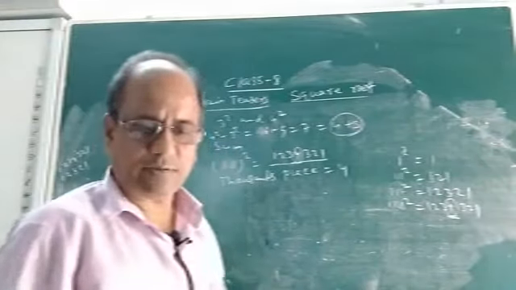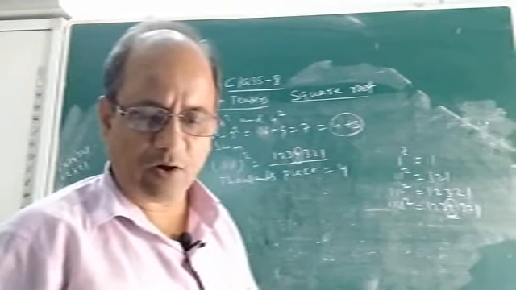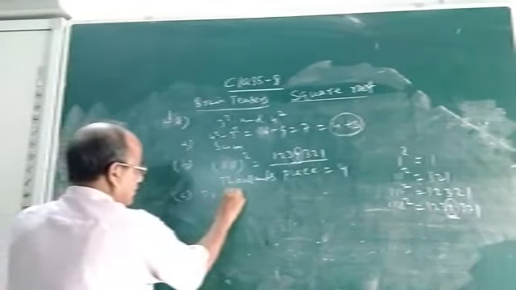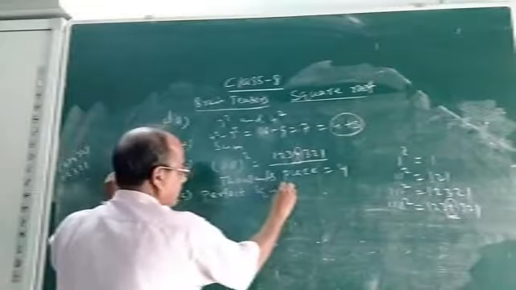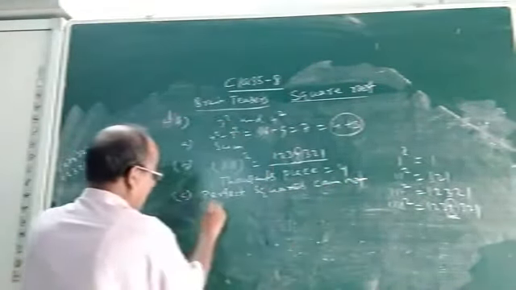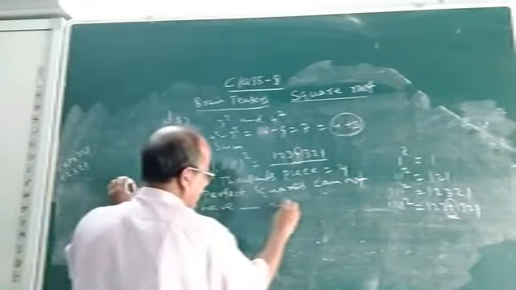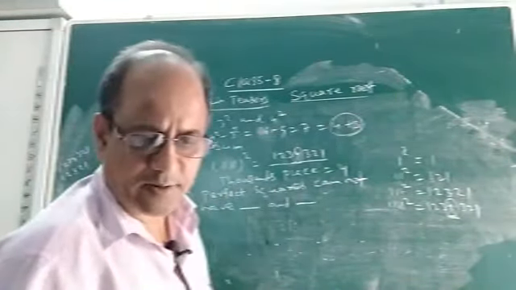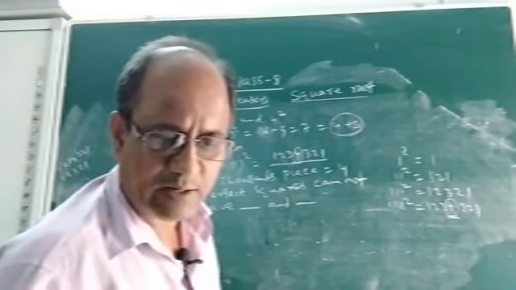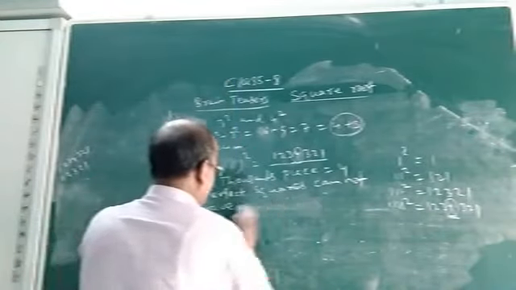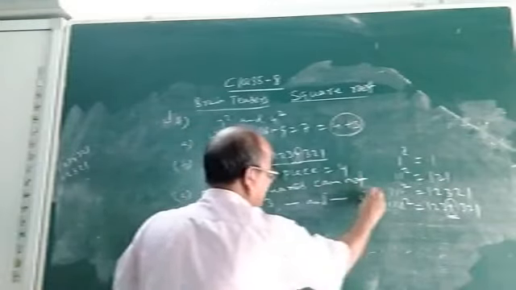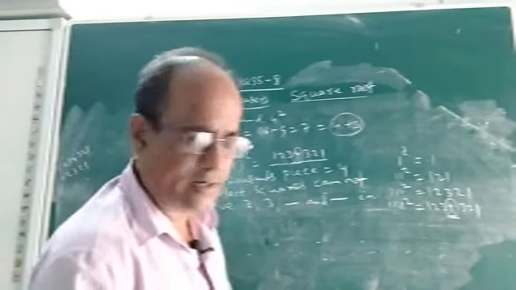Then the third blank. Perfect squares cannot have dash, dash, dash and dash in its ones place.